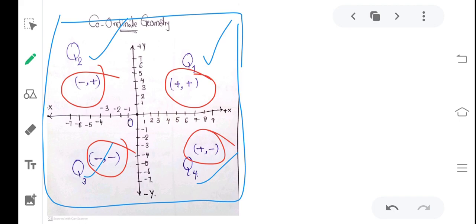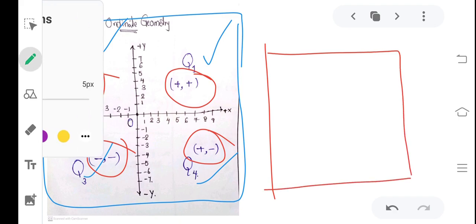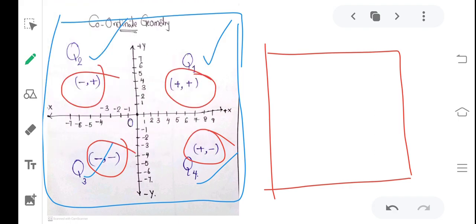Listen to me carefully. Imagine that this is a plane. Here, first you should take the horizontal line. This is the horizontal line. This is called the x-axis.